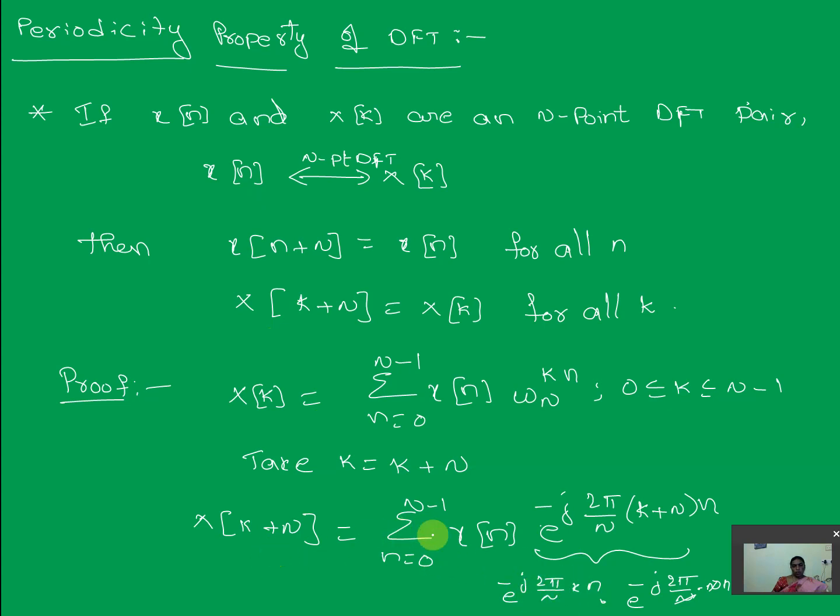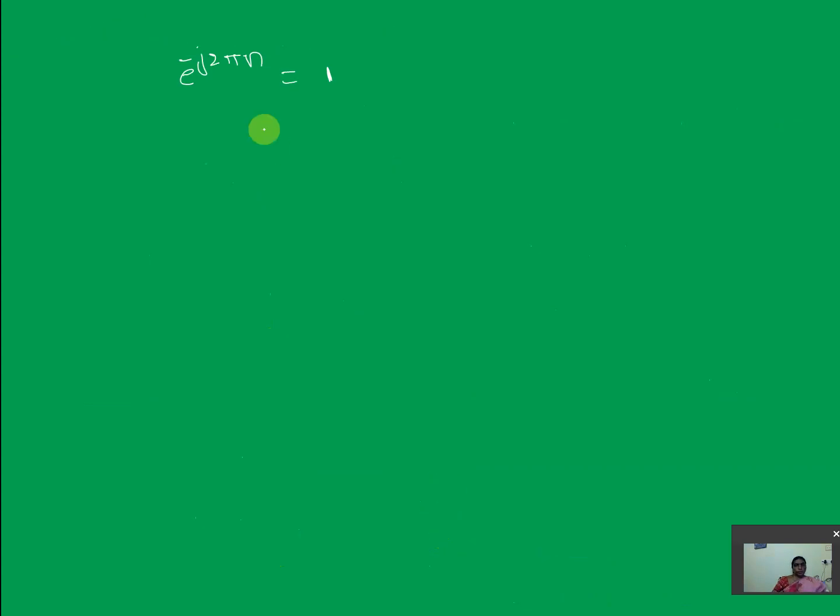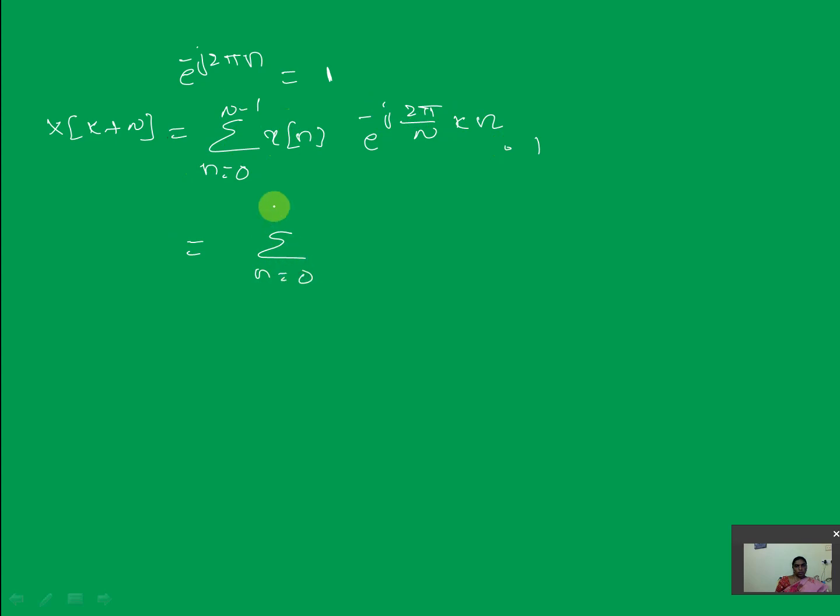So X of k plus N is the summation of x of n e power minus j 2 pi by N kn into 1. This is nothing but the DFT of x of n, that is X of k.